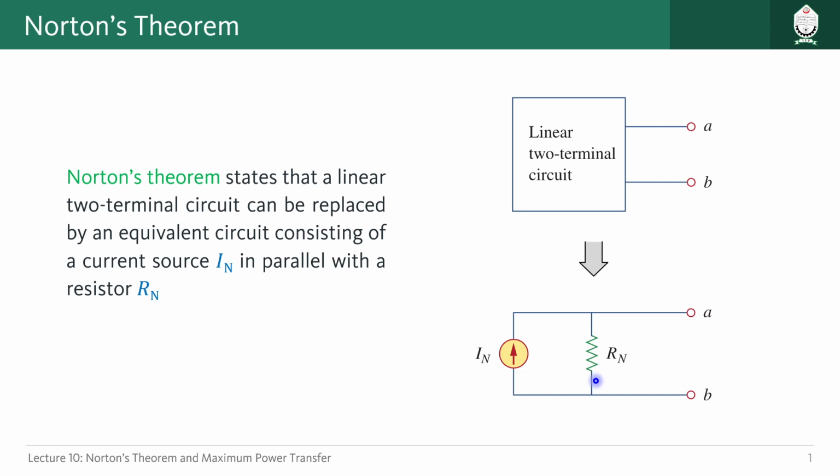In the previous lecture when we discussed Thevenin's theorem, we said that generally the goal is to represent a very difficult circuit, which is represented by this linear two-terminal block with just terminals A and B. Inside this circuit there can be different numbers of voltage sources and current sources connected with multiple resistors.